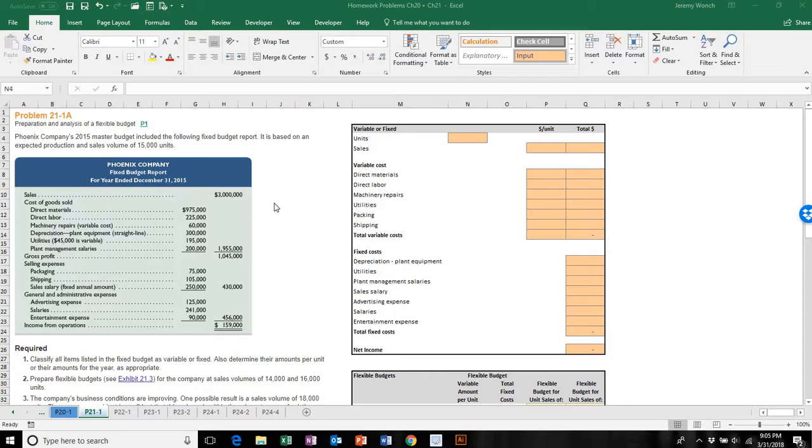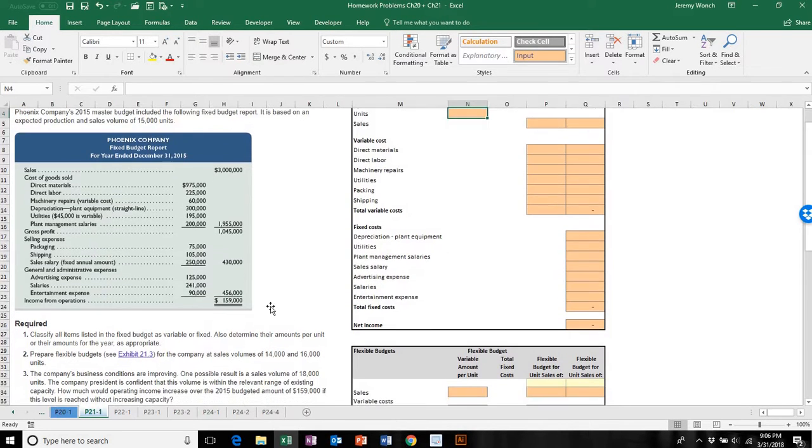It gives us their sales, their cost of goods sold, their selling expenses, their operating expenses, and their projected income from operations. And so we're going to prepare a flexible budget. The first thing it asks us is to classify all the items in the fixed budget as either fixed or variable cost.